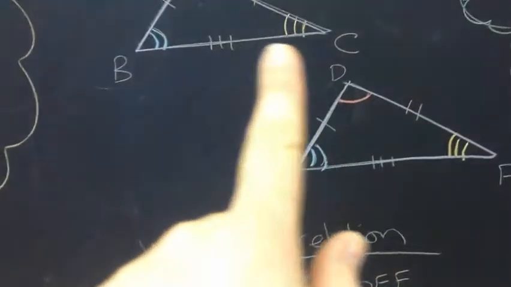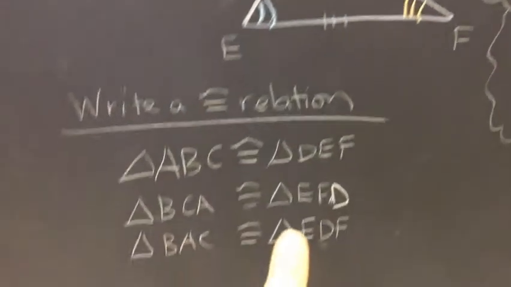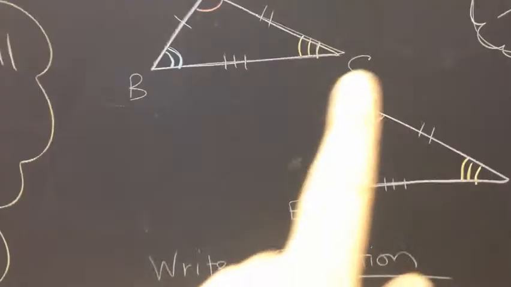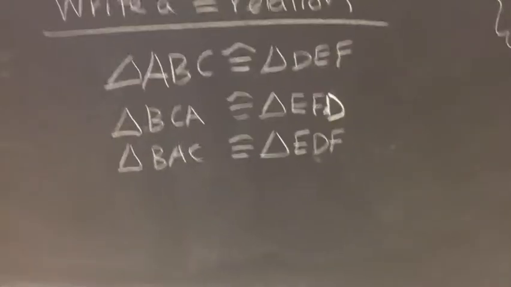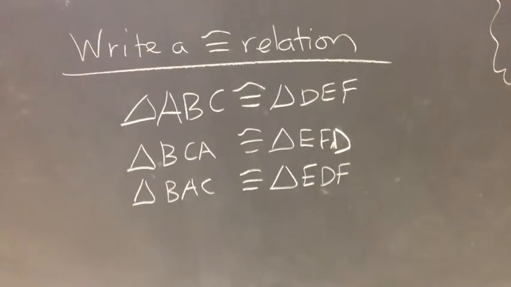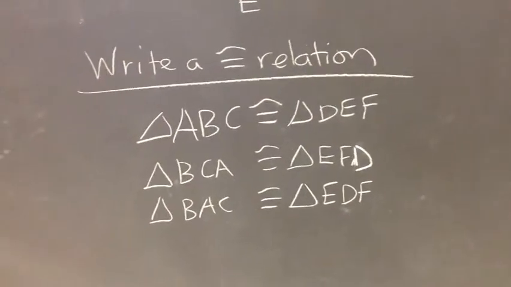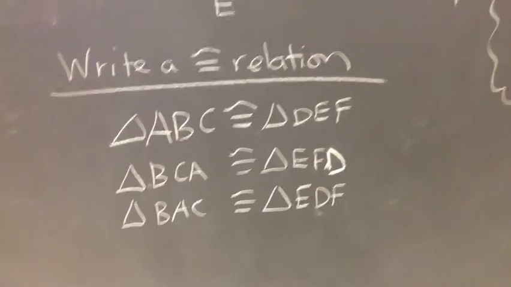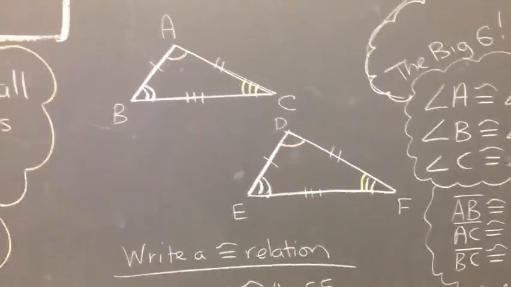B corresponds to E, good. C corresponds to F, good. And A corresponds to D, good. So triangle BCA is congruent to triangle EFD. Or I can also say triangle BAC is congruent to triangle EDF. So that's how I would write a congruence relation between the two triangles.